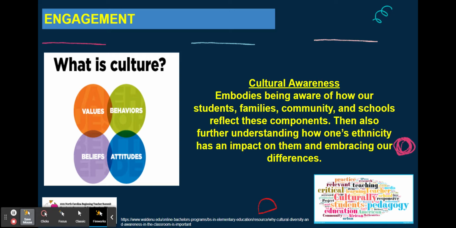When we think about engagement, it is highly important to be aware culturally of the students that reside in your school. Sometimes that can mean respecting someone's religion or respecting cultural differences, or high standards and beliefs that are represented in the community.